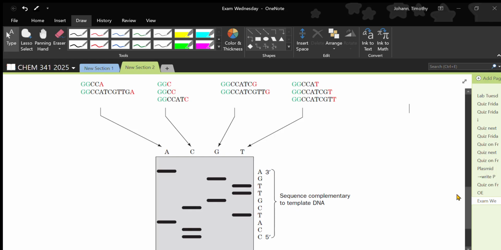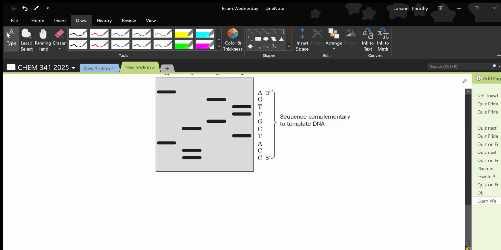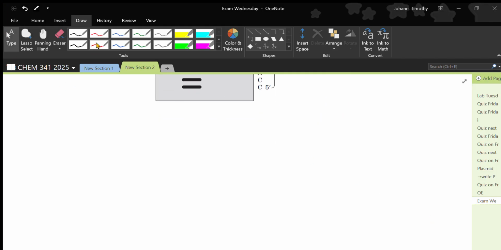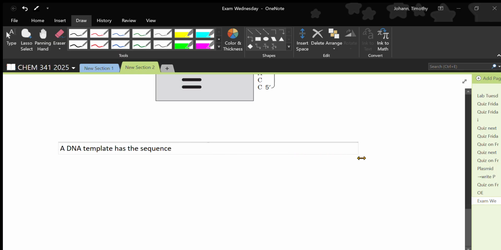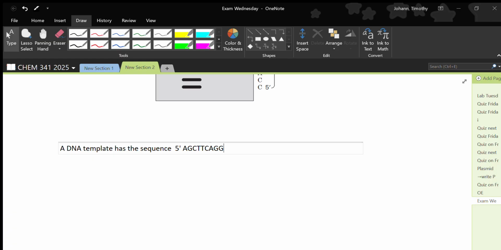Okay, let's try one. So let's say a DNA template has the sequence, let's go 5 prime A G C T T A G G C T A G C G C G A T C. I'm typing, I win.